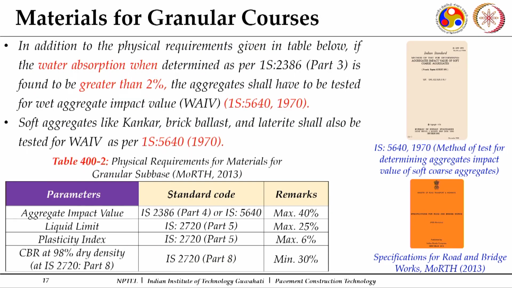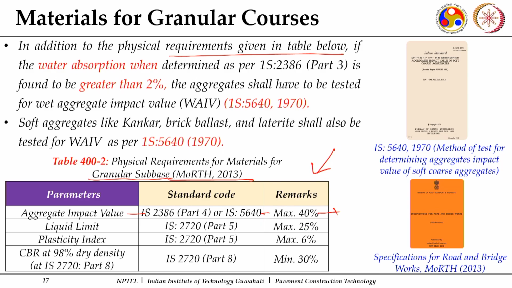Now, what are the requirements? In addition to the physical requirements given in the table below, which is given by MORTH 2013 for the materials to be used in granular subbase course, the aggregate impact value can have a maximum value of 40%. So, only 40% fines can get generated.